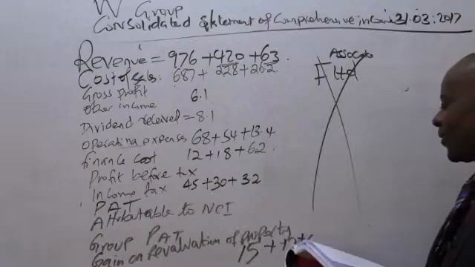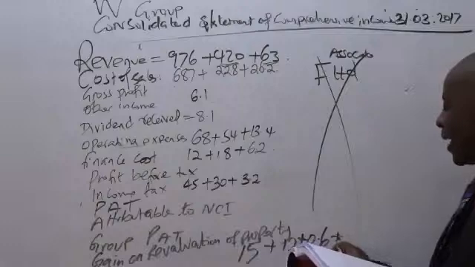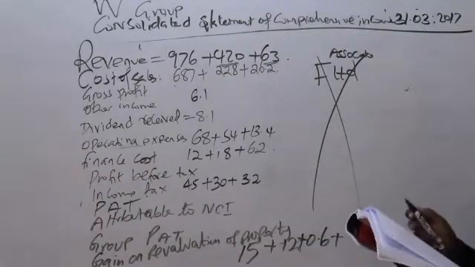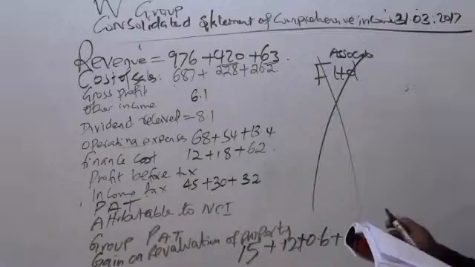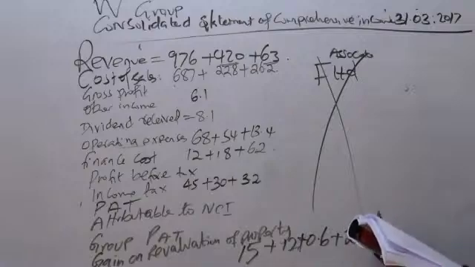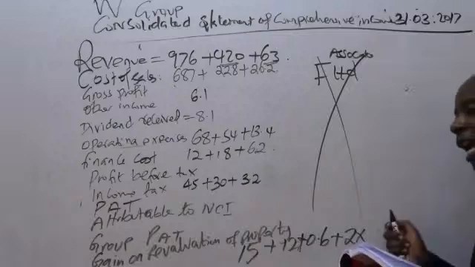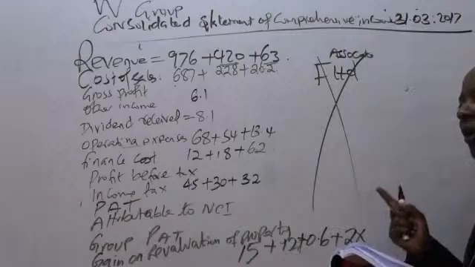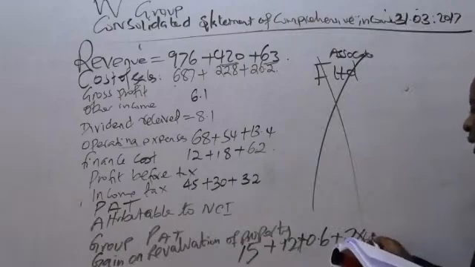So 60%, 0.6, thank you very much. Plus the revaluation, gain on revaluation of F, which is 2 there. So 2 times, do we know the shareholding in F? From note number 1 and note number 2, to be consistent, then this will be 90%, which is 0.9.